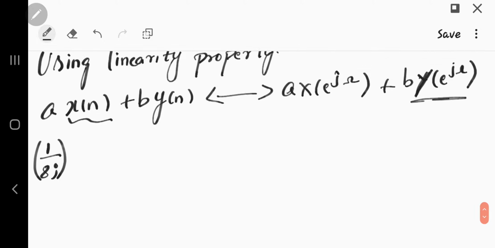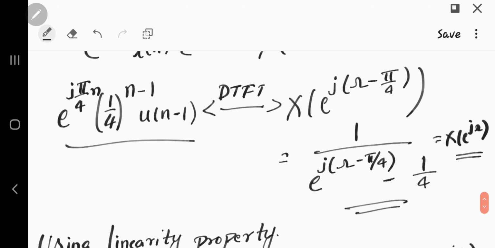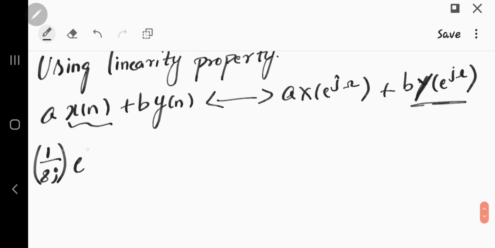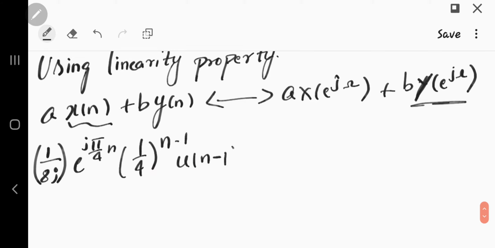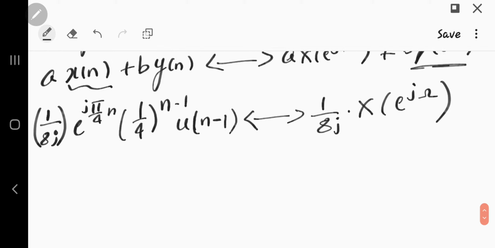Now what is our x(n)? You go to this place. This is x(n) now: e^(jπ/4 n) (1/4)^(n−1) u(n−1). So this term is 1/8j into X(e^jω).